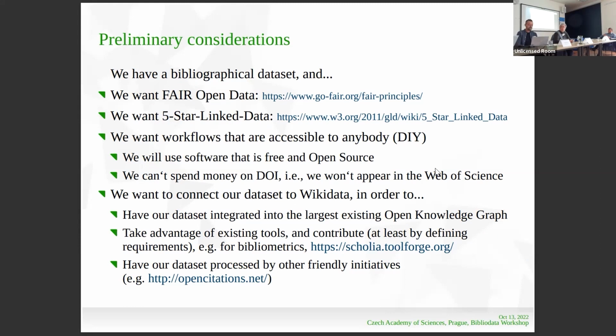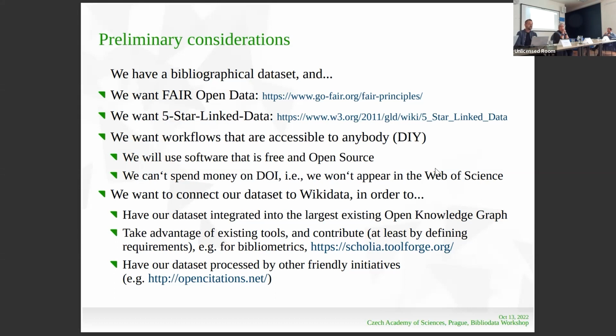And since we can't spend money on DOIs, for example, and we know that we won't appear in the Web of Science with our publications, we want to connect our dataset to Wikidata, which is the largest existing open knowledge graph at the moment. If we are doing that, we can take advantage of tools which already exist for Wikidata, such as Scholia.